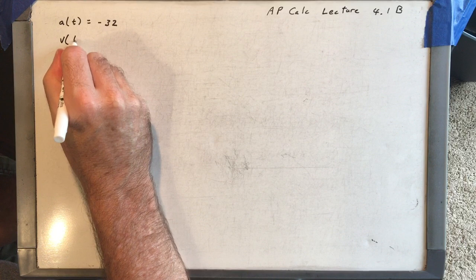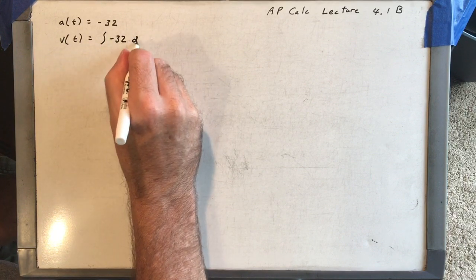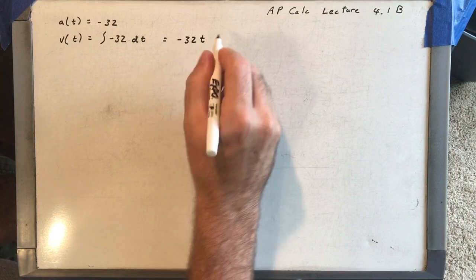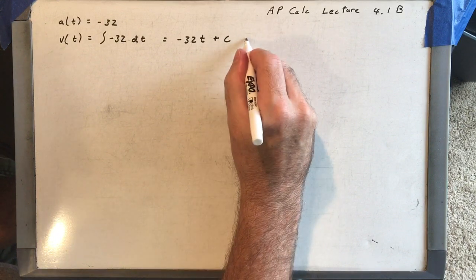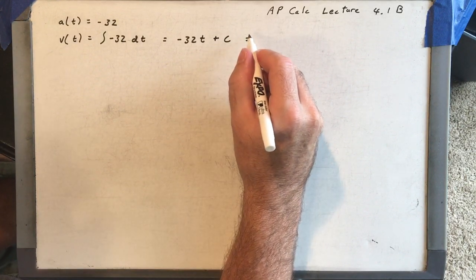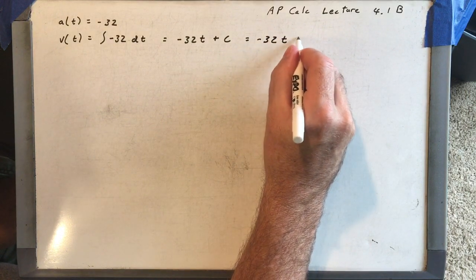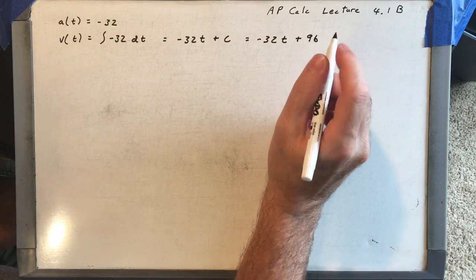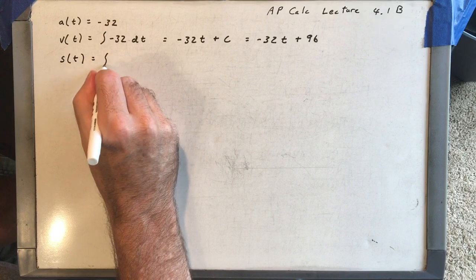V of t, we're going to integrate negative 32. That's going to be negative 32t plus c. That's our initial velocity. It says our initial velocity is 96. So it's negative 32t plus 96. And s of t, we are going to integrate, find the antiderivative.